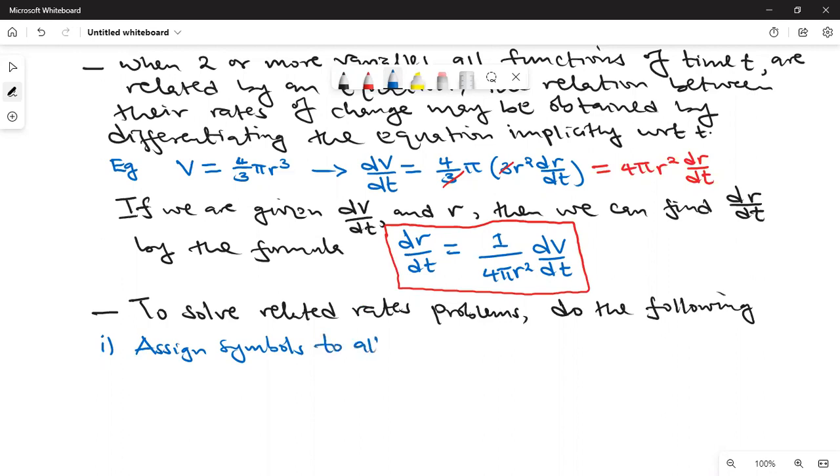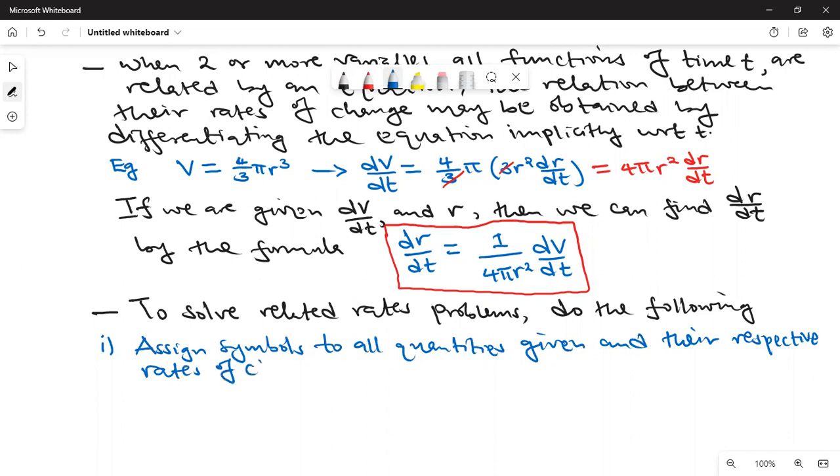To all quantities given and their respective rates of change.